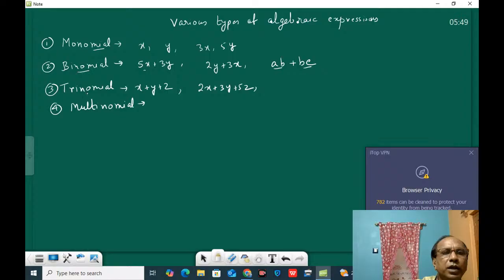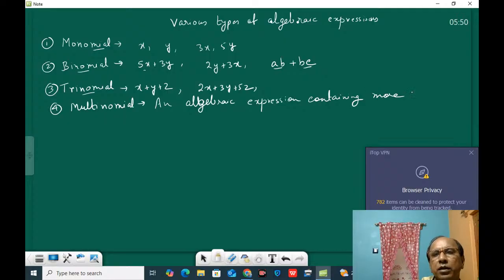Except monomials, binomials, trinomials are multinomials. A multinomial is an algebraic expression containing more than one term.